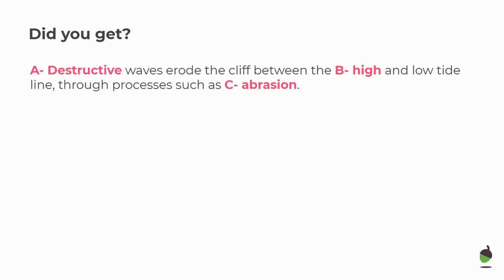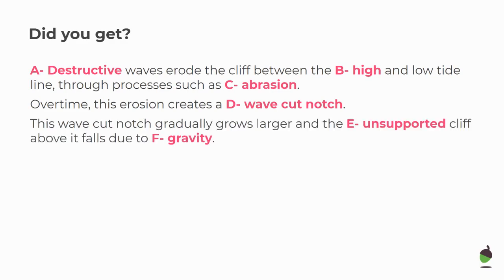Let's see how you got on. A was destructive. So destructive waves erode the cliff between high and low tide line through processes such as abrasion. Over time, this erosion creates a wave cut notch. This wave cut notch gradually grows larger and the unsupported cliff above it falls due to gravity.